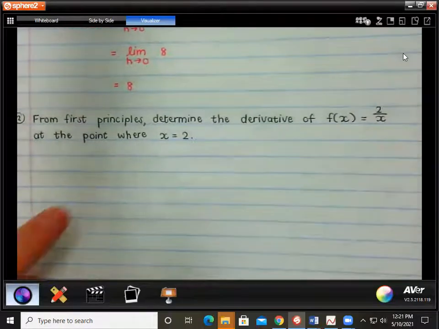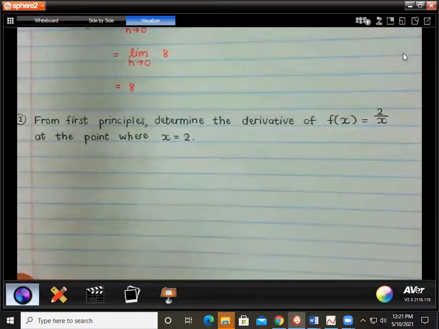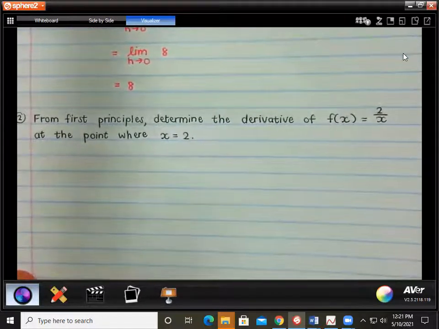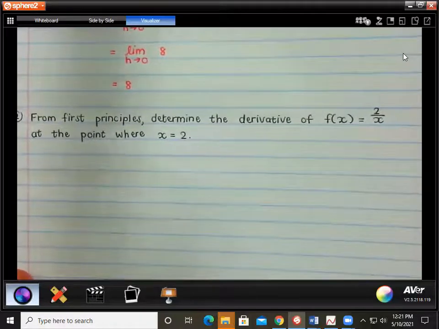Okay, now they're saying at the point where x is equal to 2. So you get your derivative, and then afterwards, you're just going to sub in x equals 2. Okay, do it on your own, please. See if you can get it done.